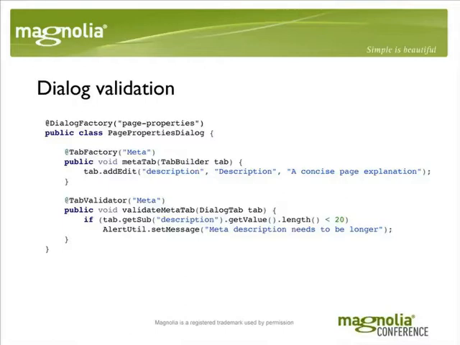If it is, it outputs a message saying that you need to provide a longer meta description. And when this fails, the dialog cannot be saved, so you cannot add a paragraph where validation fails. You cannot edit a paragraph and save values that don't pass validation.